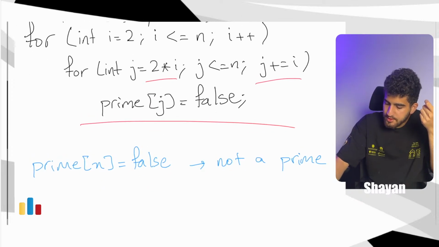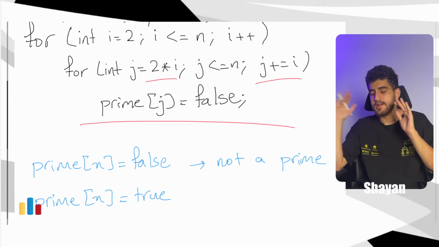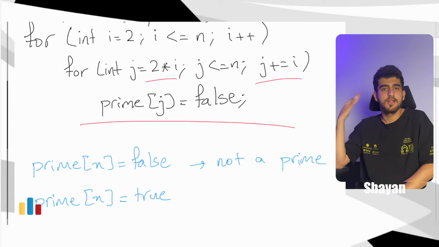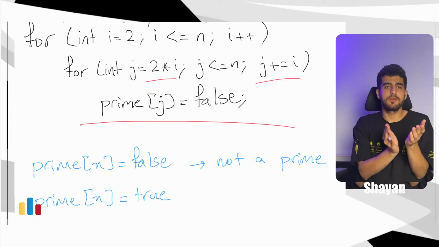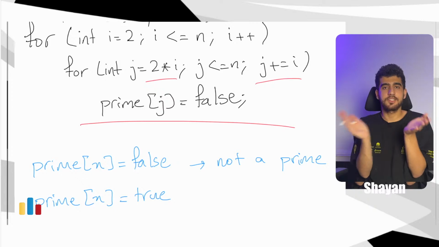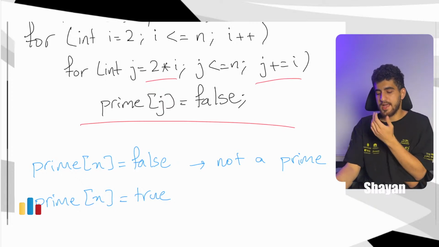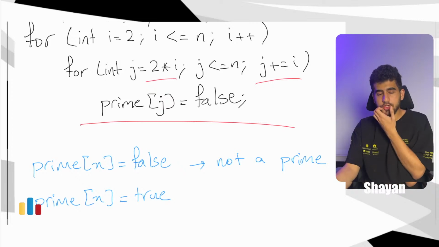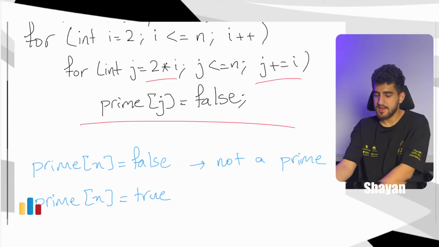If, on the other hand, prime of x is true, it means that nothing has made prime of x false. So there was no number from 2 to x such that x was a multiple of it. Nothing went over x and made it false. So no number greater than 1 was a multiple of it, other than x itself.